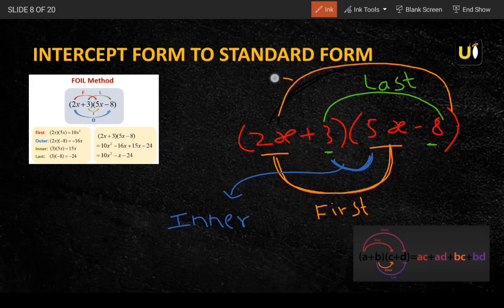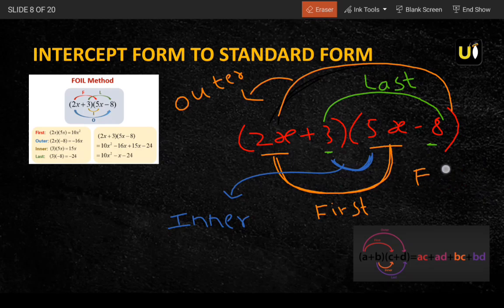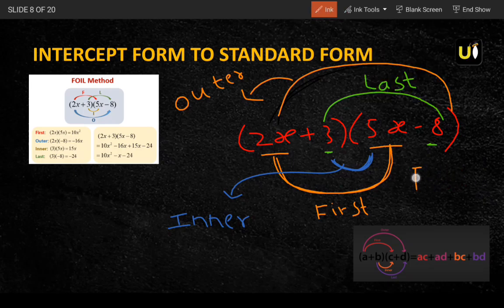What are the outer ones? 2x and minus 8. 2x into minus 8, that is minus 16x. Next, the inner ones. 3 into 5x, that is 15x. And the last ones.